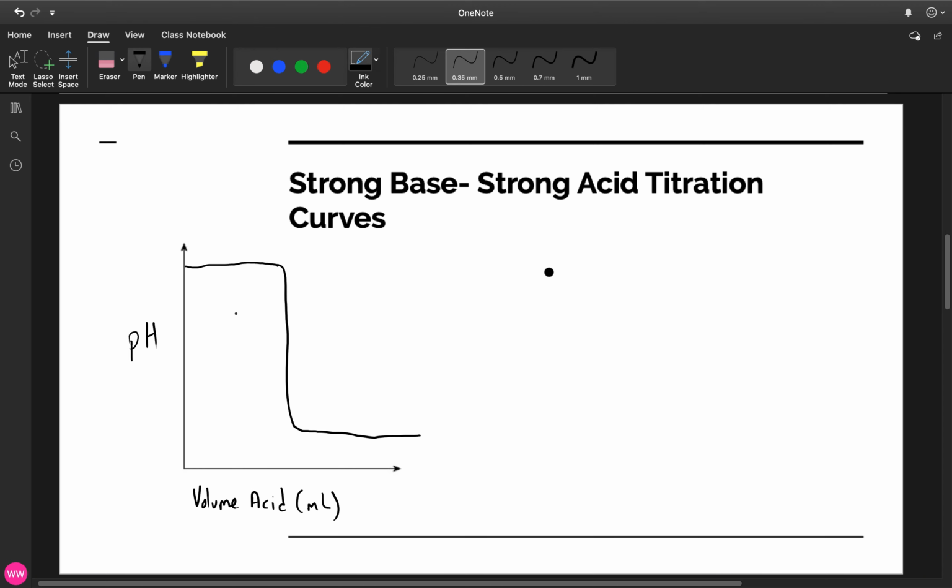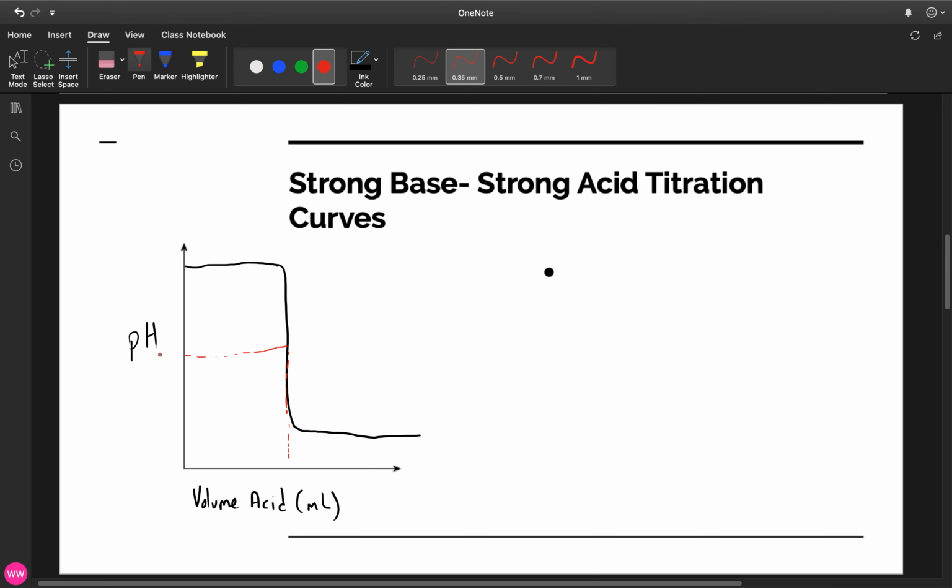The inflection point, which looks like it's about right here, is going to be the equivalence point. And the equivalence point, remember, is where you have the stoichiometric equivalence of acid and base, where all of the base has reacted with all of the acid.